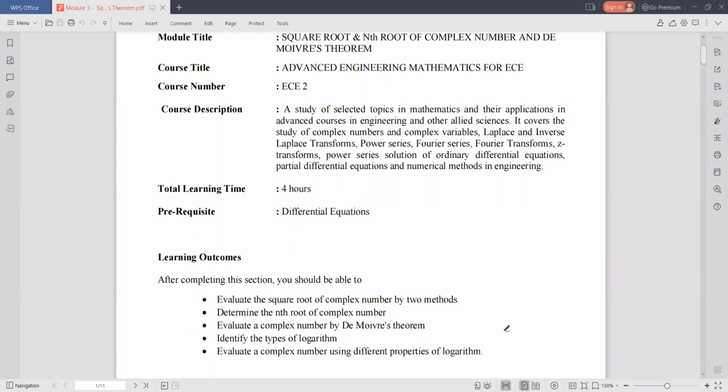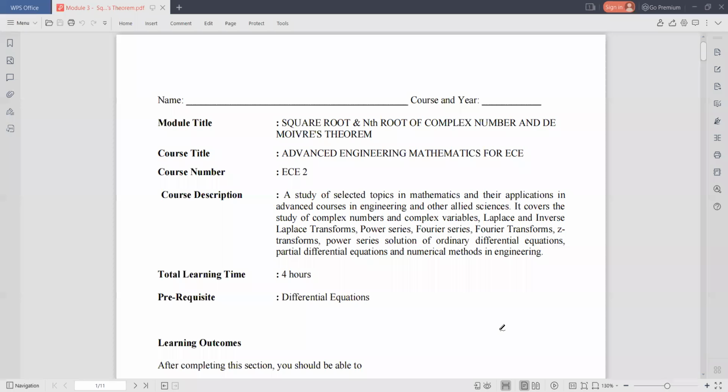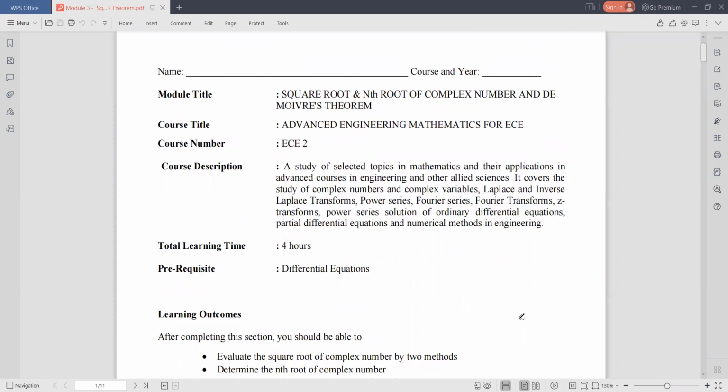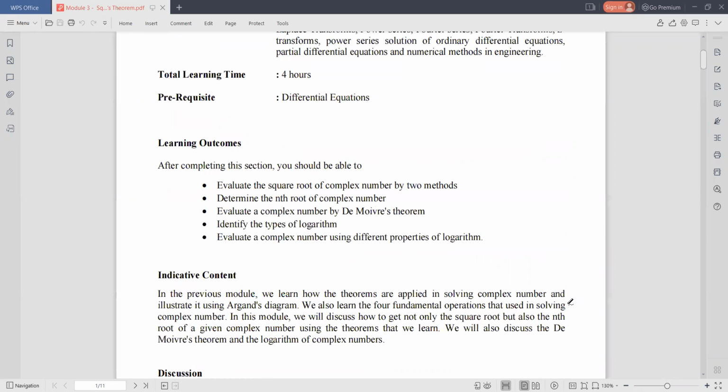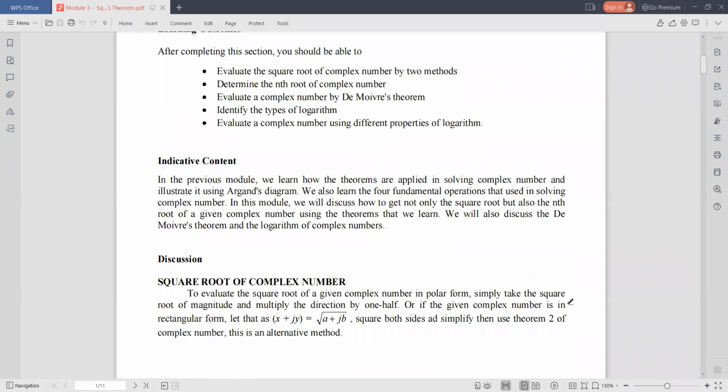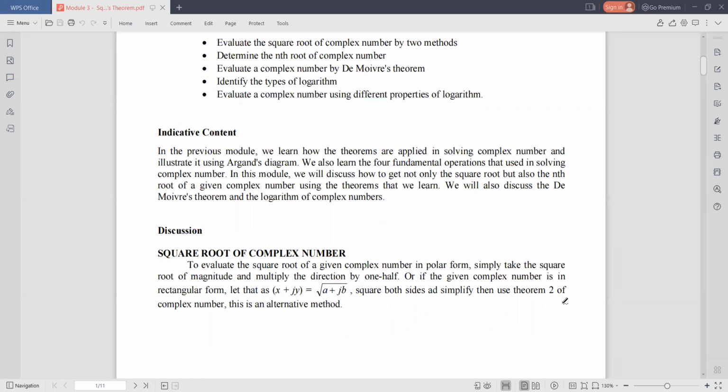Okay. So today we will be discussing the square root and nth root of a complex number. And let's try to finish this one with the Moivre's theorem. Okay, so in the previous module, we learned how the theorems are applied.